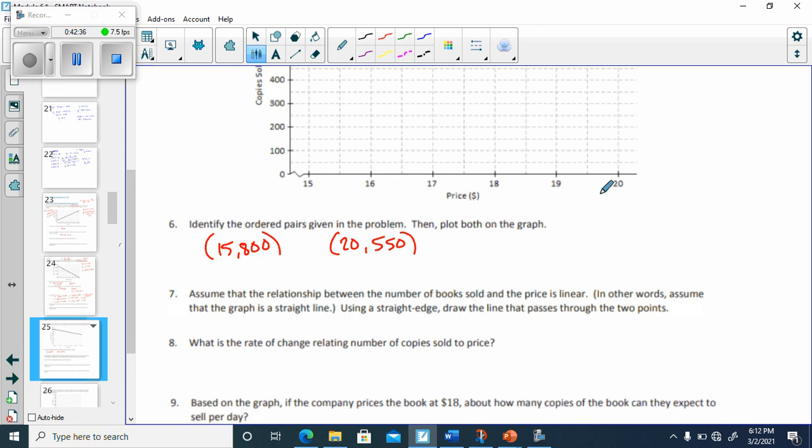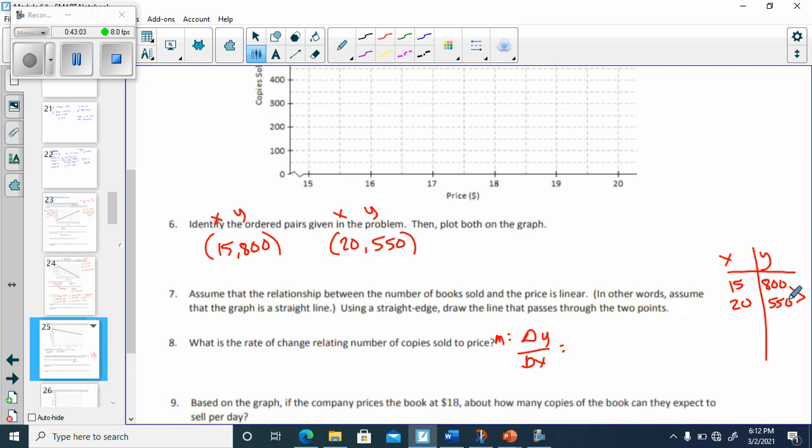Well, we know a rate of change is our m is equal to change in y over change in x. If this is our x and that's our y, this is our x and that's our y, we could set up our table because I think y'all are more comfortable with the table. When the x is 15, your y is 800. When the x is 20, your y is 550.